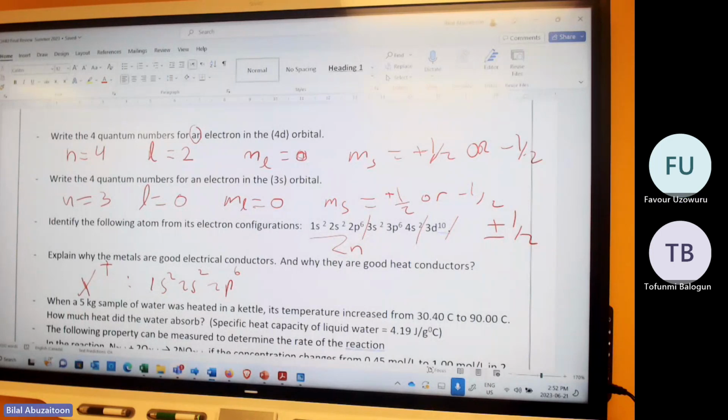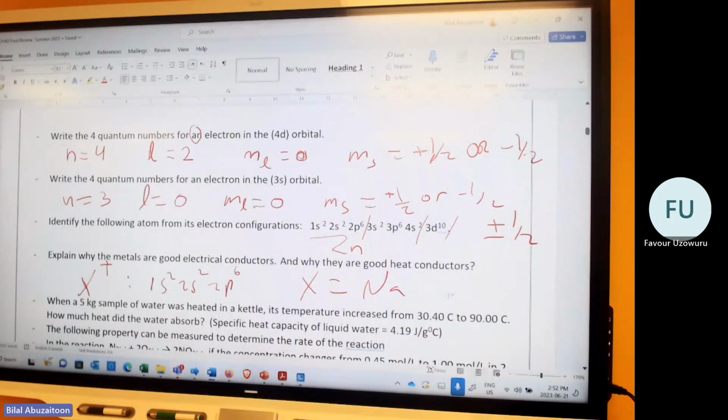Sodium. Excellent. So X equals sodium. Yes, the plus means one electron was lost.